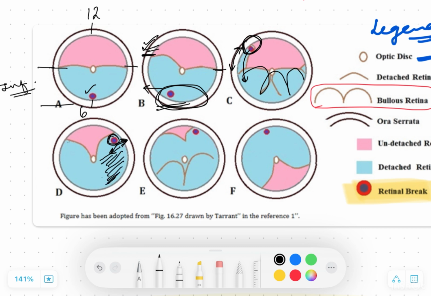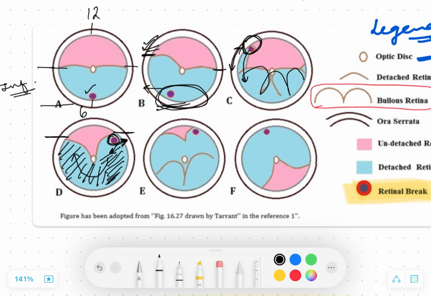And once it has filled all this area, then it moves from below the optic disc and crosses over to the other side. This area is covered, and the SRF will stop at the point where the level of the retinal break and the level of the SRF on the other side are equal. Okay, that is one pathophysiology that we need to understand. So that is diagram D.